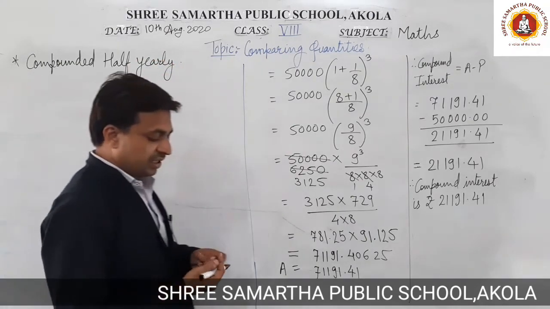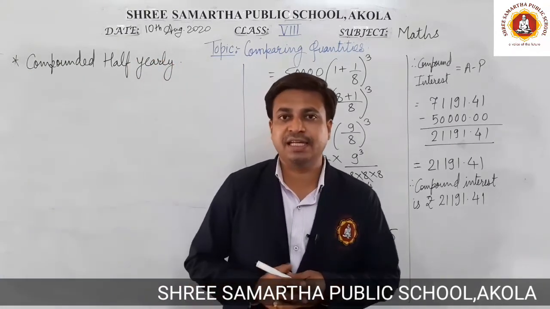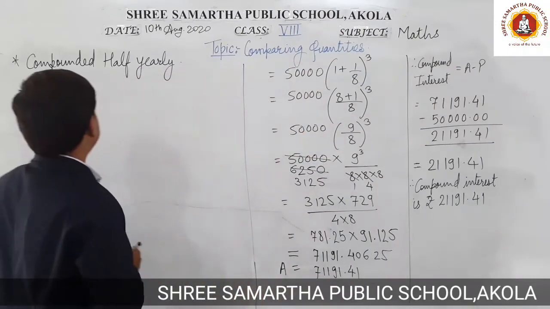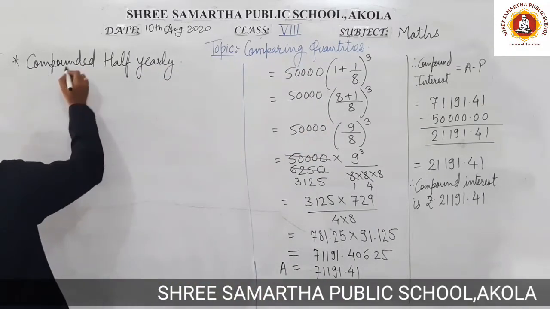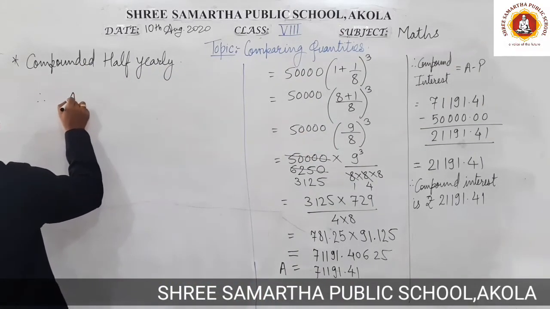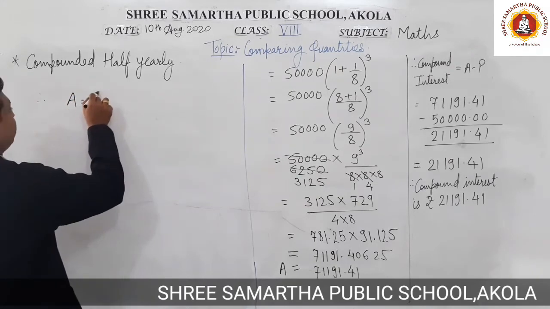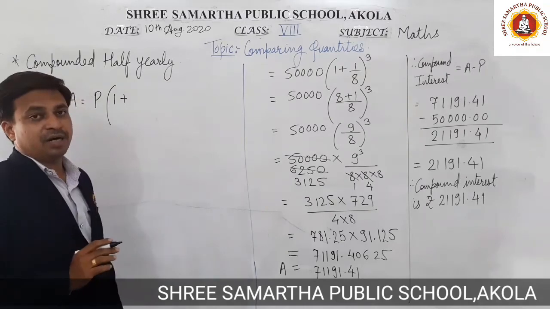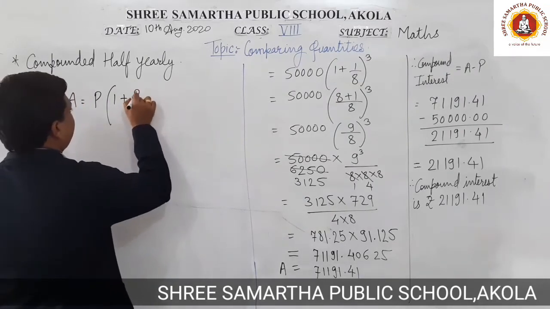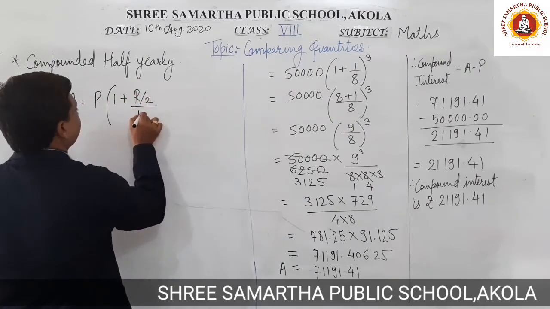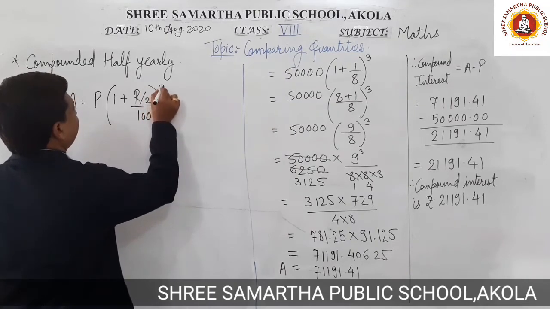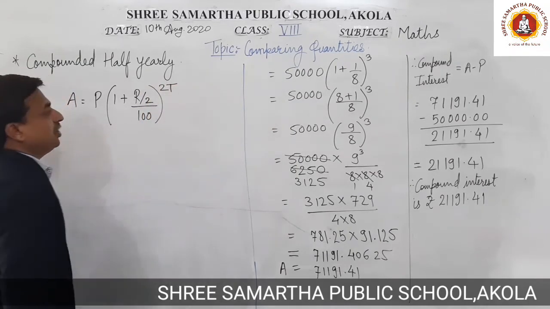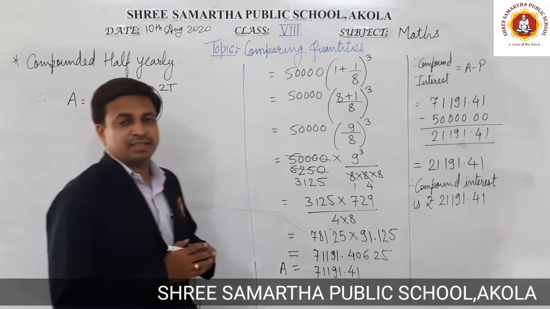So if you consider this as compounded half yearly, then the formula will change for the amount. Amount will become P into 1 plus, and the rate will become half, that is R by 2 by 100, and time will become double, that is 2 into T. Understand?